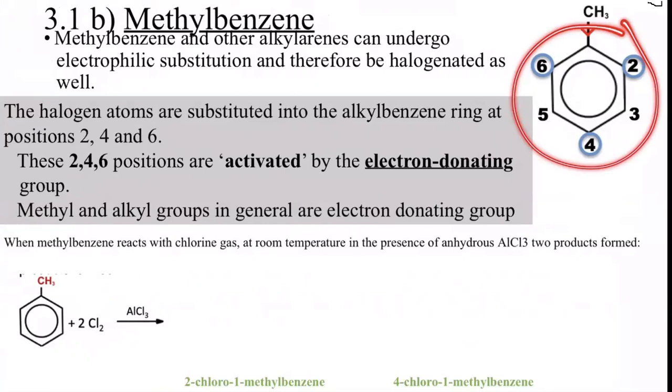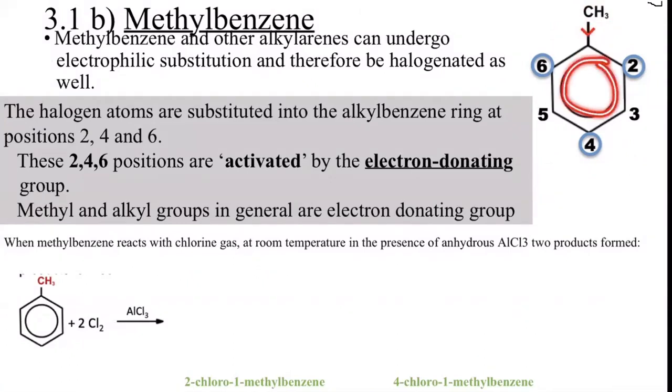When methyl or any other alkyl groups are attached to benzene, they have an effect called electron donating group. That means it doesn't really give away their electron, but just the electron density. They push some electron density into the ring. So you can imagine this ring is already an electron-rich region.